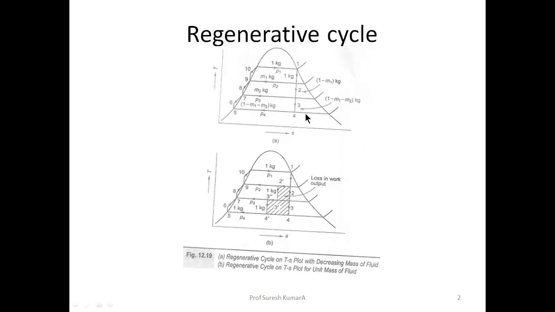The mass handled by the turbine is 1 minus M1 minus M2 kg, and at state 4 it goes to the condenser where the mass is 1 minus M1 minus M2 kg. 5 to 6 is the pump 1, in which the mass is 1 minus M1 minus M2 kg, and 7 to 8 is pump 2, where the mass is 1 minus M1 kg, and 9 to 10 is pump 3 where the mass is 1 kg.